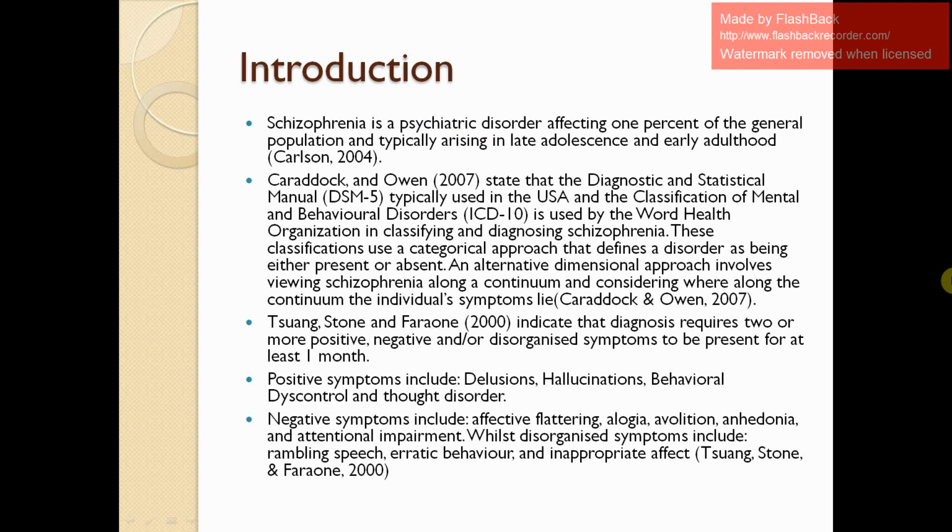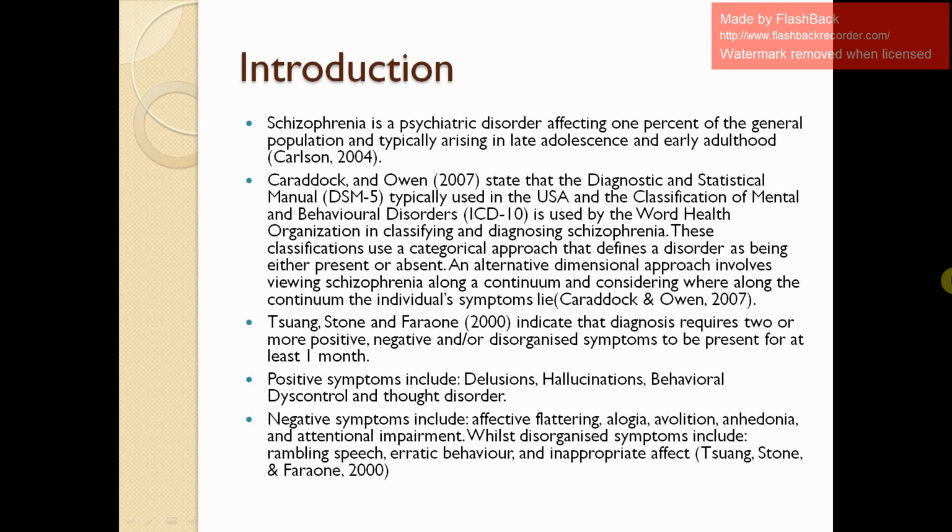Schizophrenia is a psychiatric disorder affecting 1% of the general population and typically arising in late adolescence and early adulthood, Carlson 2004. Caradoc and Owen 2007 state that the Diagnostic and Statistical Manual DSM-5, typically used in the USA, and the Classification of Mental and Behavioral Disorders ICD-10, used by the World Health Organization, are used in classifying and diagnosing schizophrenia.